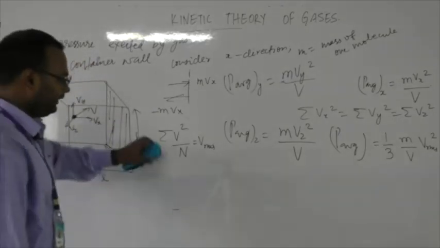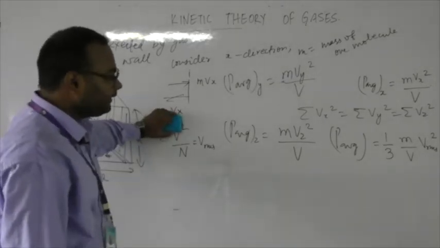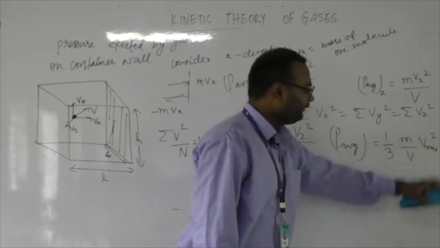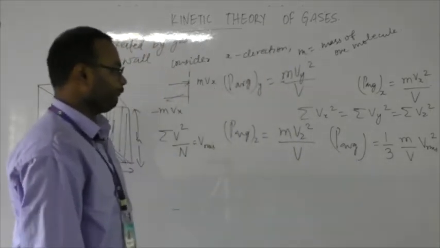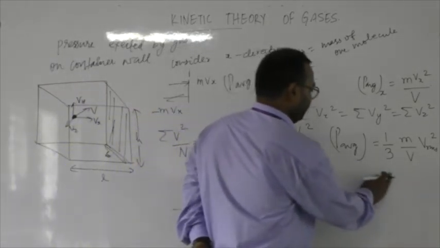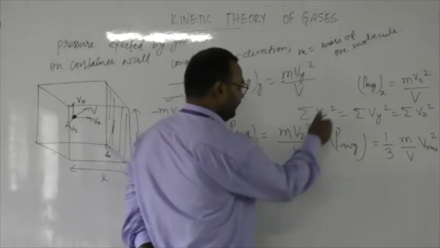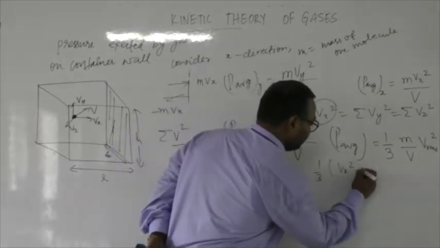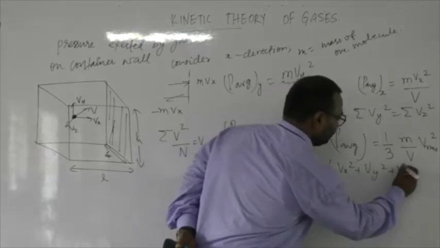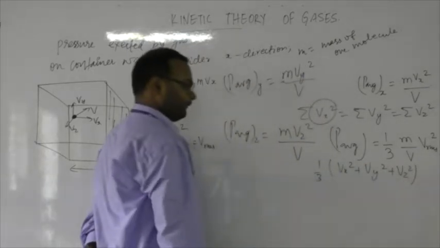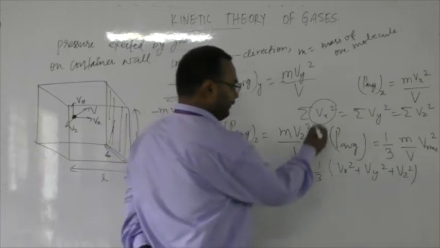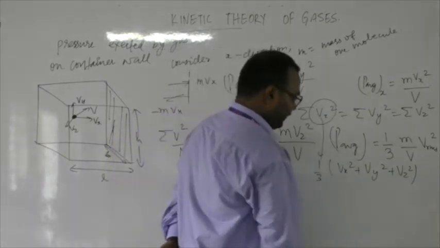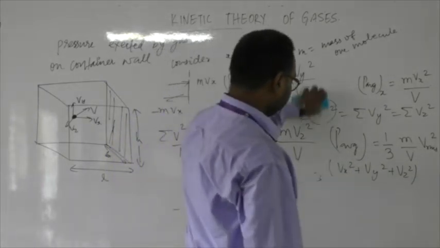We'll deal with this later. That is written as 1 by 3 m by V Vrms square. Or how to get that is you can write Vx square as 1/3 of Vx square plus Vy square plus Vz square.